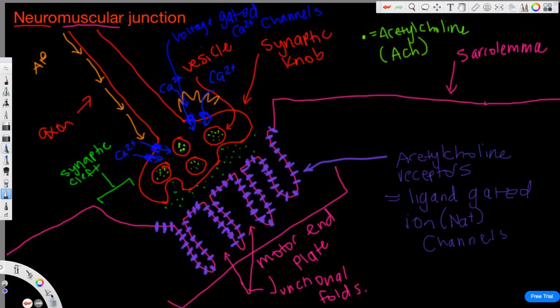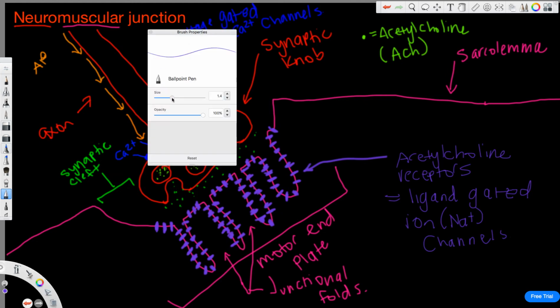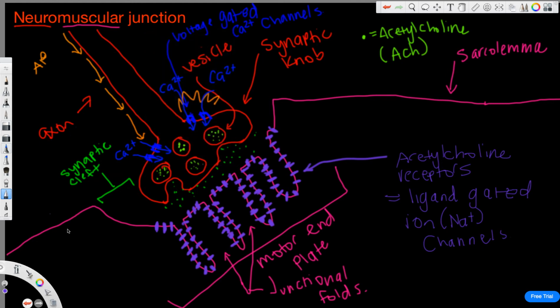All right, so let's have our acetylcholine bind to our receptor and see what happens after that. So now we have acetylcholine diffusing in here and binding to the receptor of interest.